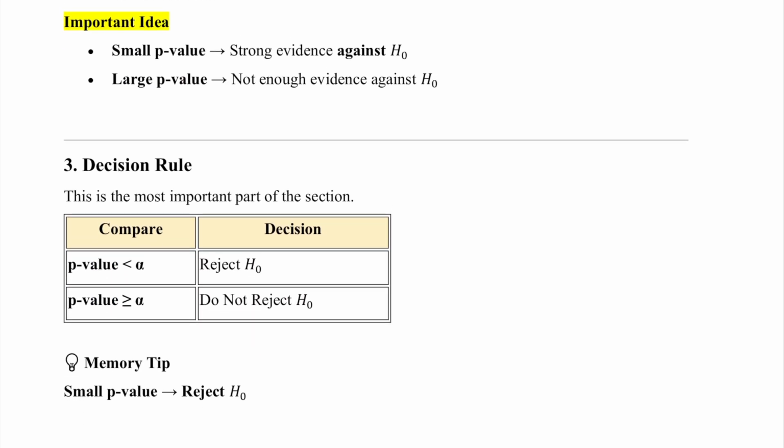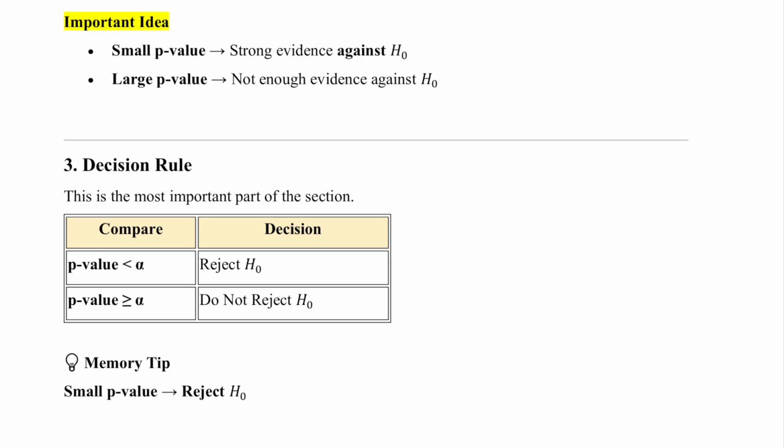Now, let's see how we use the p-value to make a decision. We are going to compare two numbers, the p-value and the significance level alpha. Remember that alpha is the significance level you choose before collecting the data.